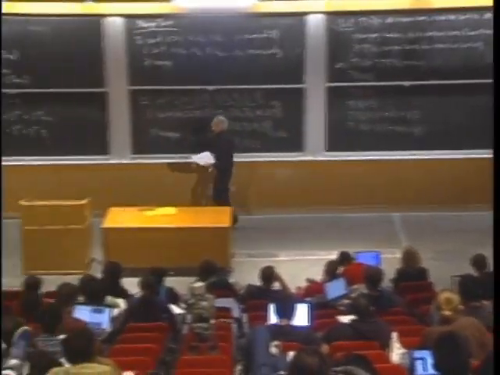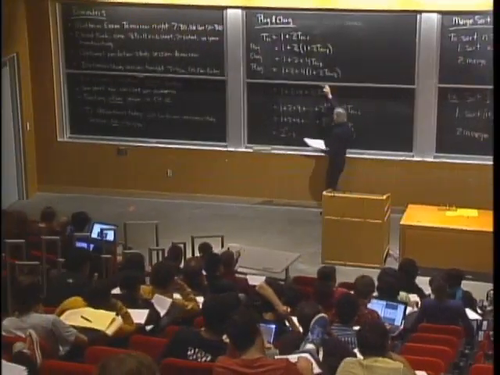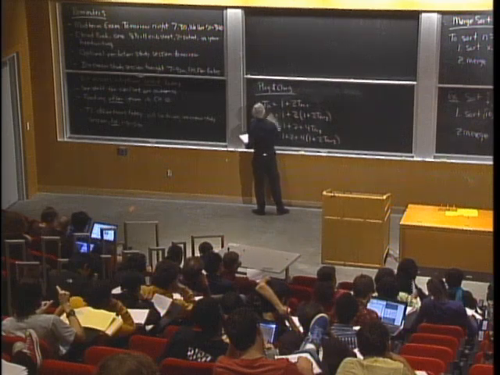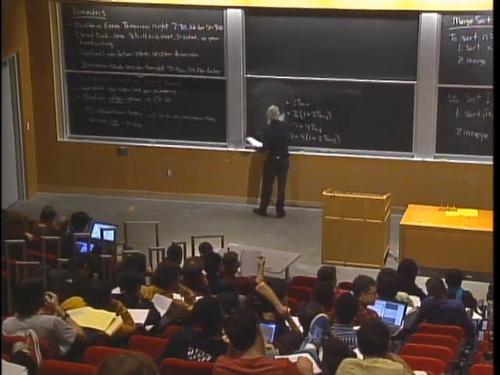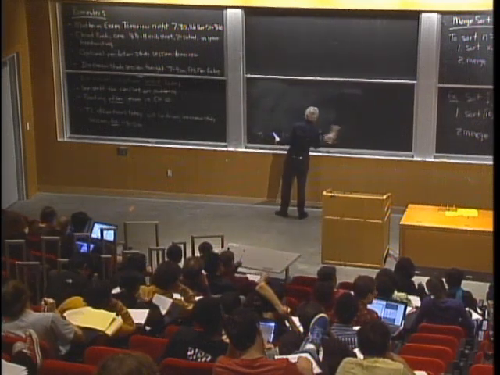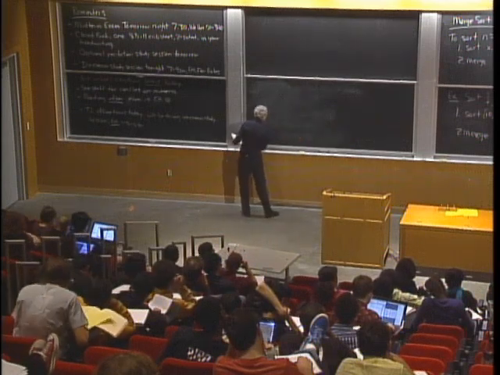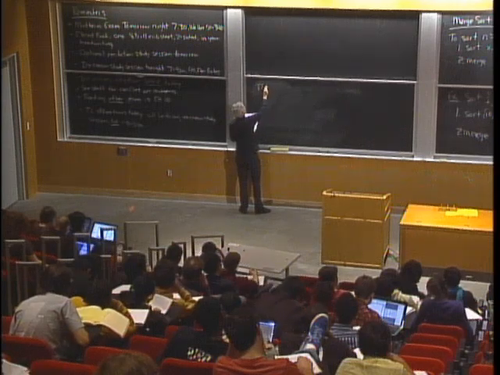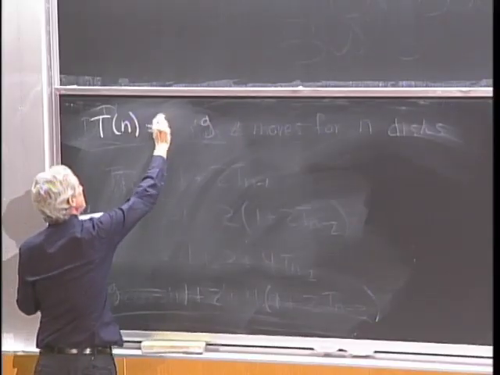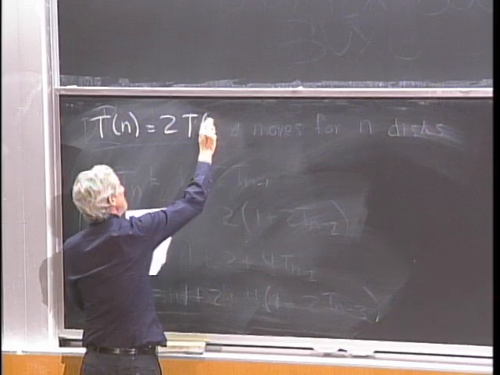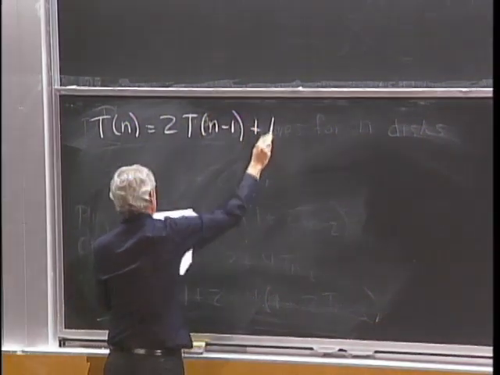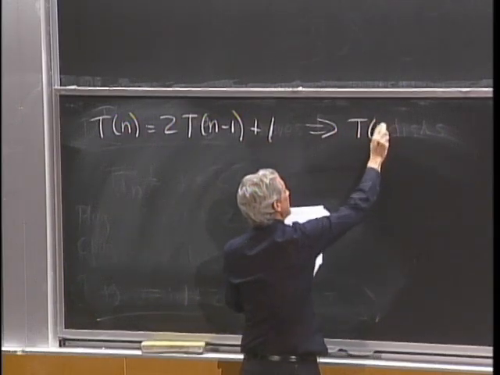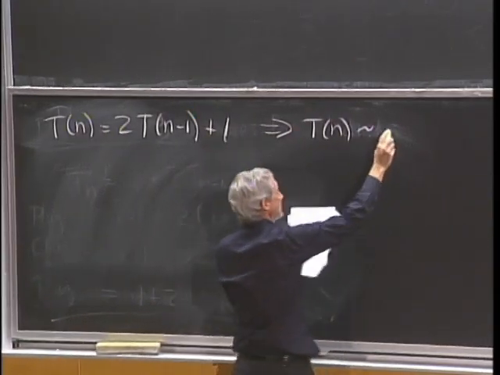All right, so let's write down our 2 recurrences and compare them. First we did Towers of Hanoi, which was T of n equals 2 T of n minus 1 plus 1. And the answer was T of n is tilde 2 to the n.